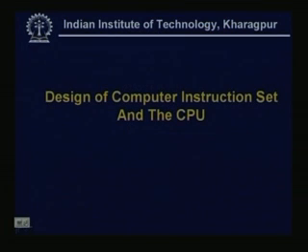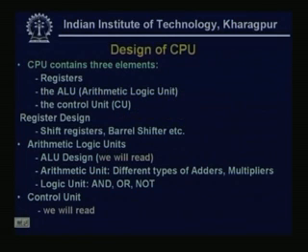How the instruction sets are selected, how they can be designed, and what the hardware implementation of it is, we have already read. Today we will start discussion on the design of CPU, and first we will see the design of ALU in this class.